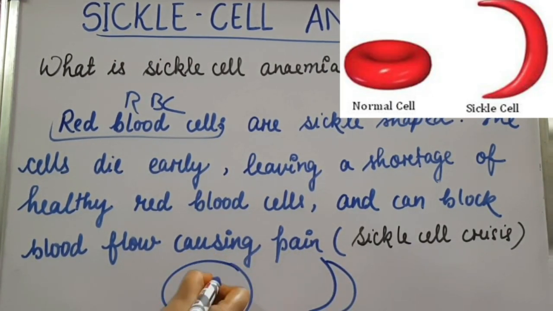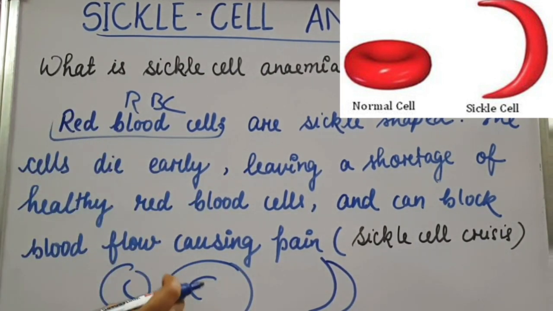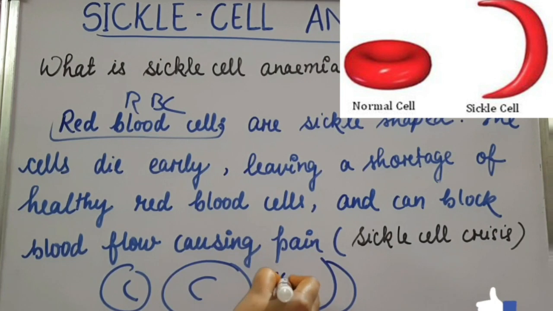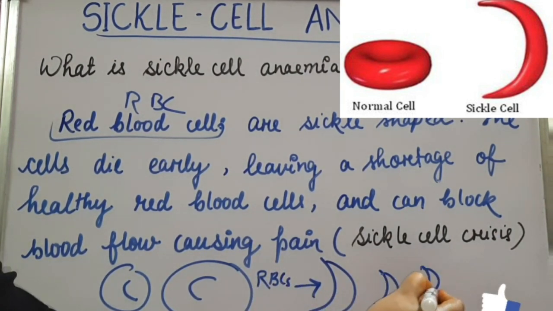Normally the red blood cells are round and biconcave. But during this disorder, those red blood cells form the sickle shape.